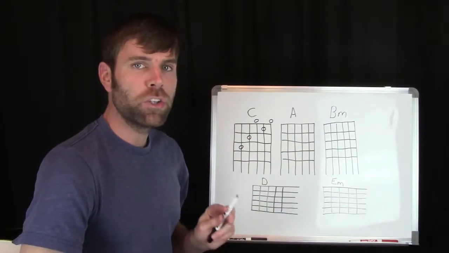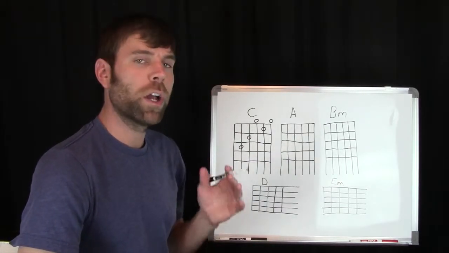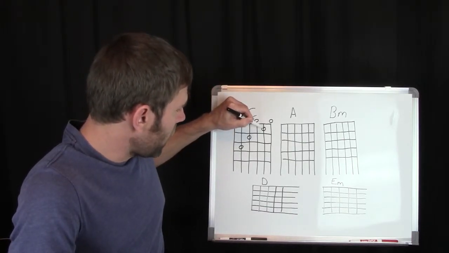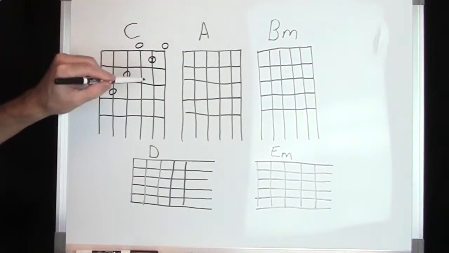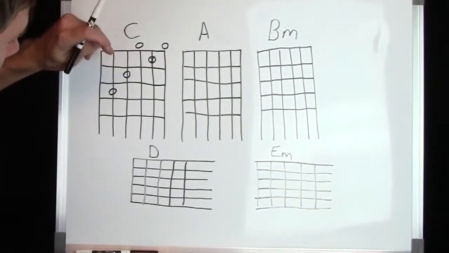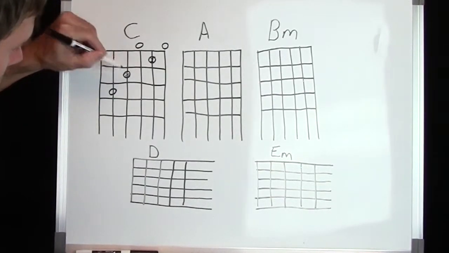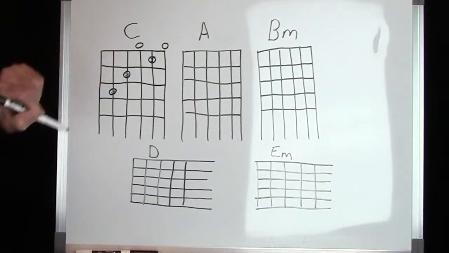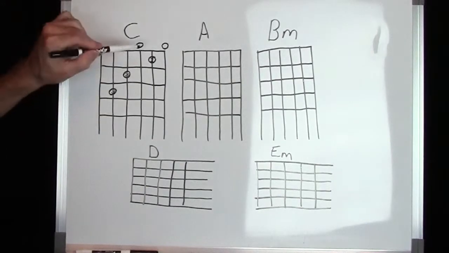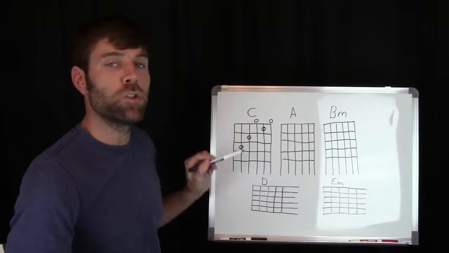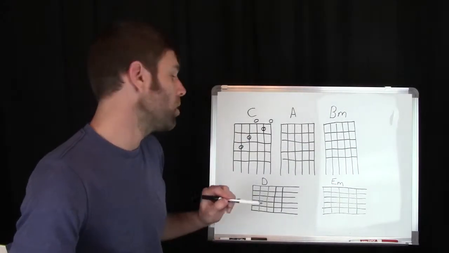Now, one other thing that you are going to see on your chord diagrams many of the time is a number inside of the dot. I just put a little 1 inside of this dot, a 2 inside of that dot, and a 3 inside of that dot. A lot of times inside the dots you're going to see a number, and what that represents is which finger you're going to use.